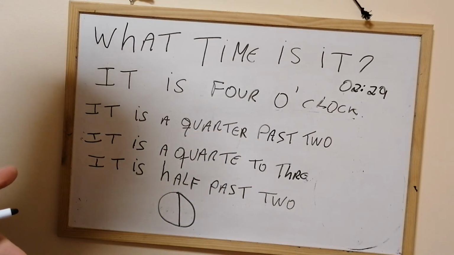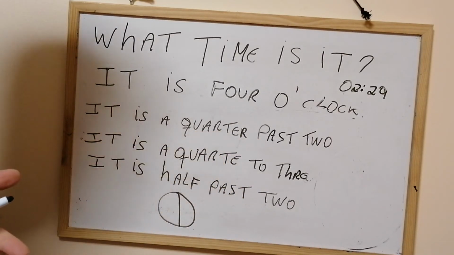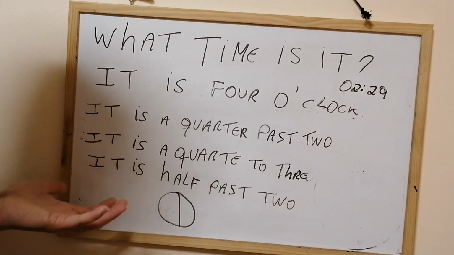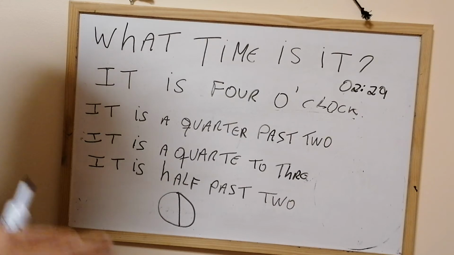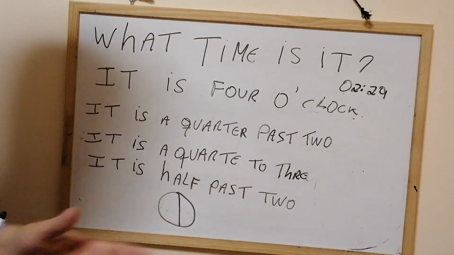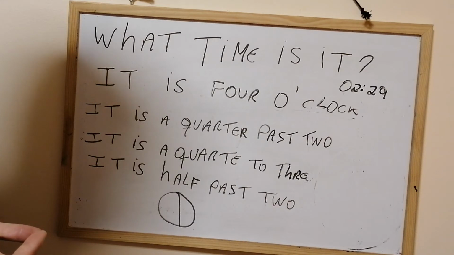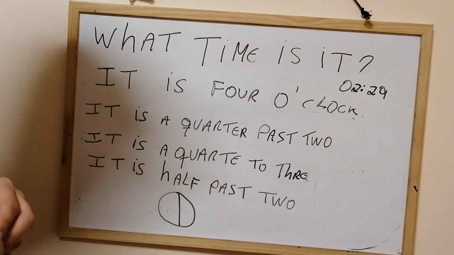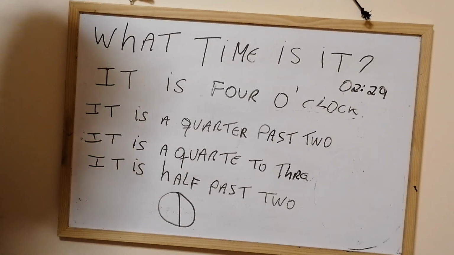It is 2:45. It is a quarter to 3, or it is 2:45. It's the same meaning. It is 2:30, or you can say it is 2 hours and 30 minutes. It is 2:30.